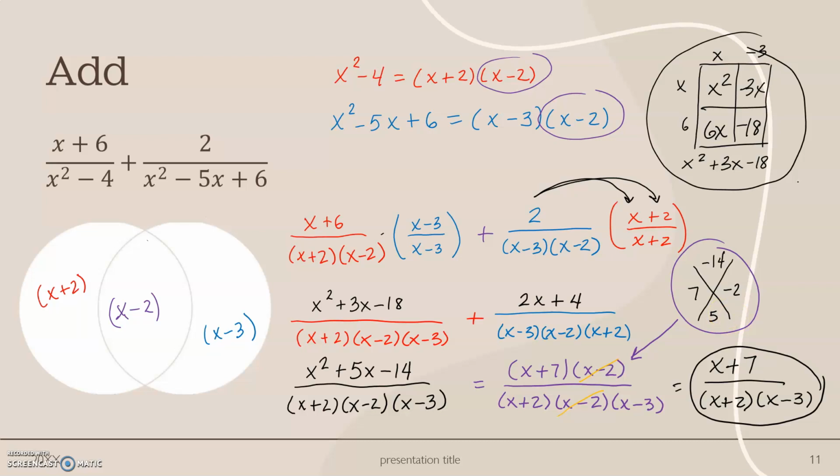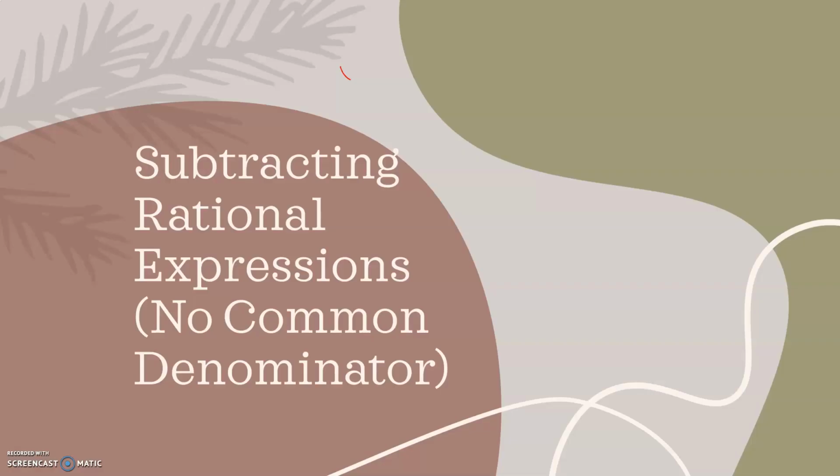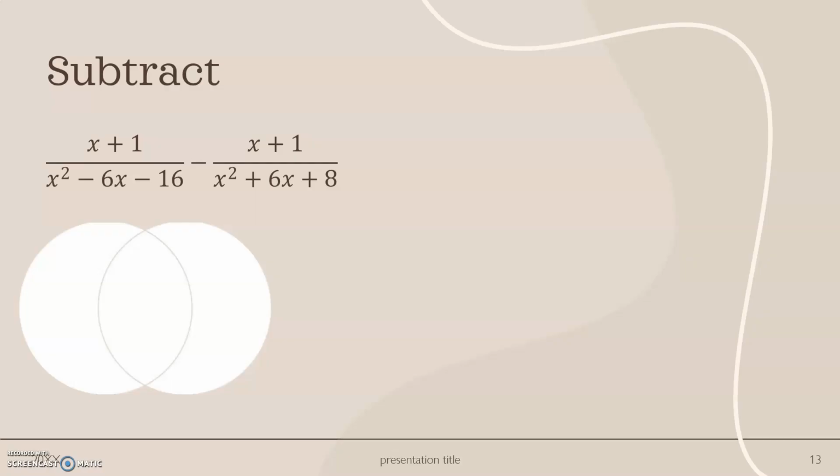The x minus 2's canceled, and I was able to simplify my answer to x plus 7 over x plus 2 times x minus 3.